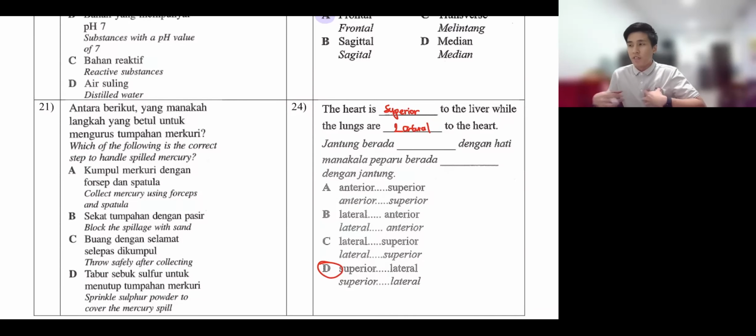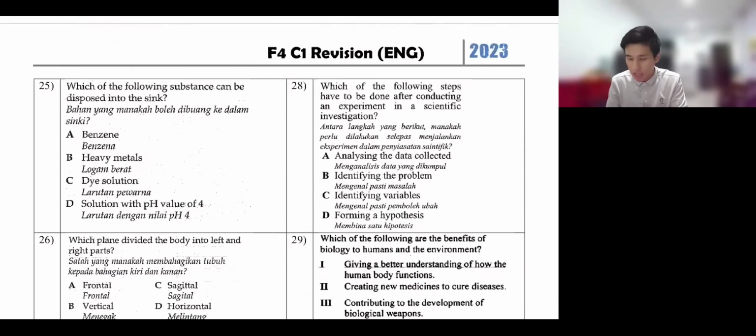I know your heart is in front of your lungs, but mainly you say it is beside it, because they are on the same level like that. The answer here is only lateral. Actually, anterior also can. But the most accurate one for this question is lateral, because here already superior. Both are not wrong. Both are correct actually.